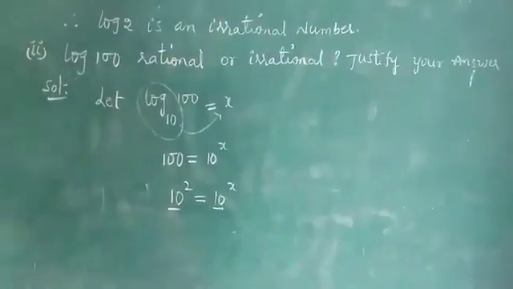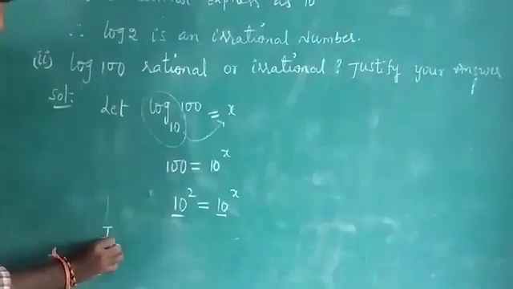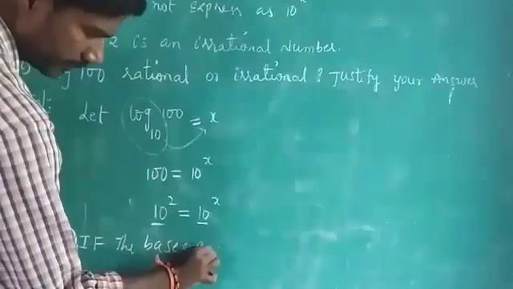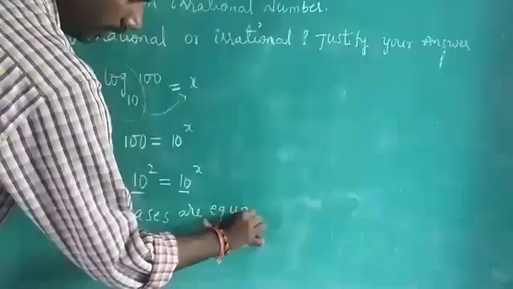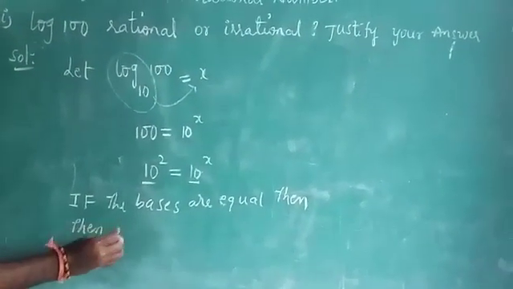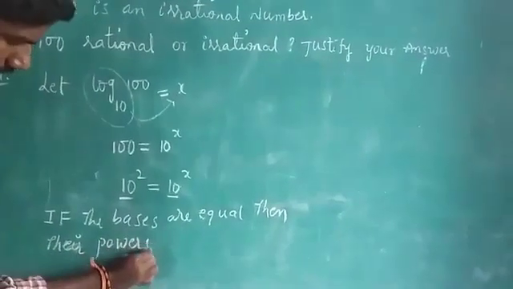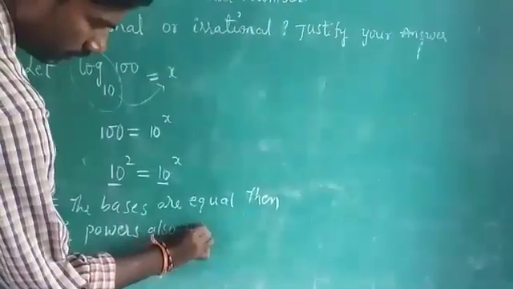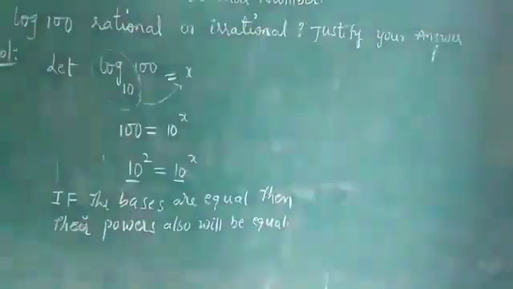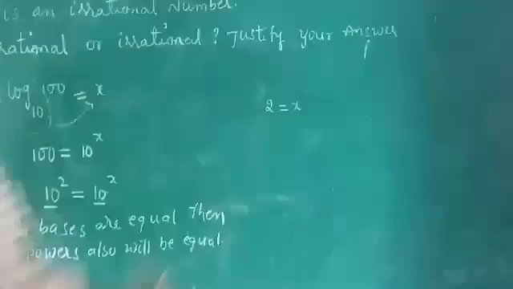If the bases are equal, then their powers also will be equal. So according to that, what can you write? 2 is equal to x. We got 2.